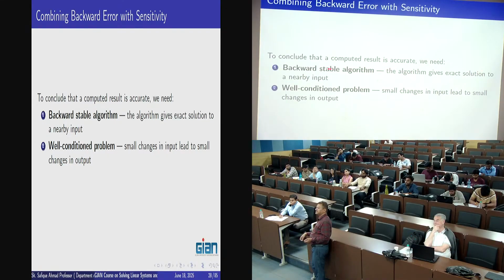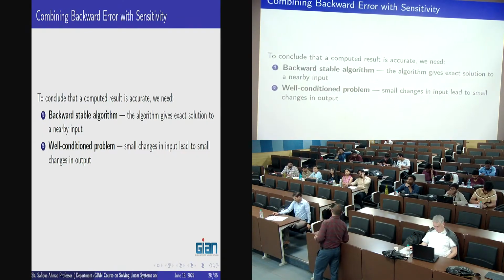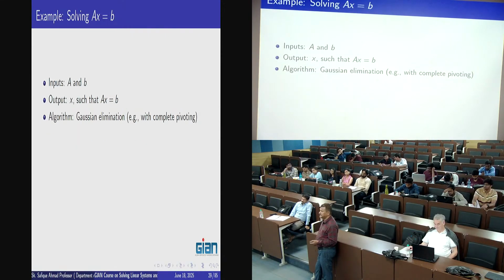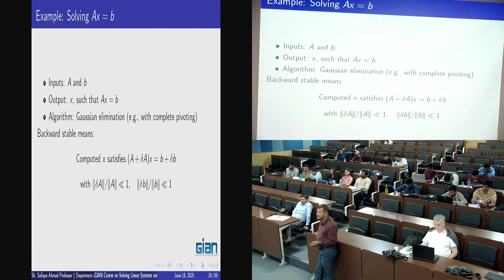To conclude that the computed result is accurate, we need a backward stable algorithm: the algorithm gives the exact solution to a nearby problem, a small change in the input. If you make a small change in the input and get a small change in the output, and both hold, then the computed result is accurate. Either it is a backward stable algorithm, and this one is a condition problem. In Gaussian elimination, you have seen partial pivoting with floating point error, and complete pivoting.